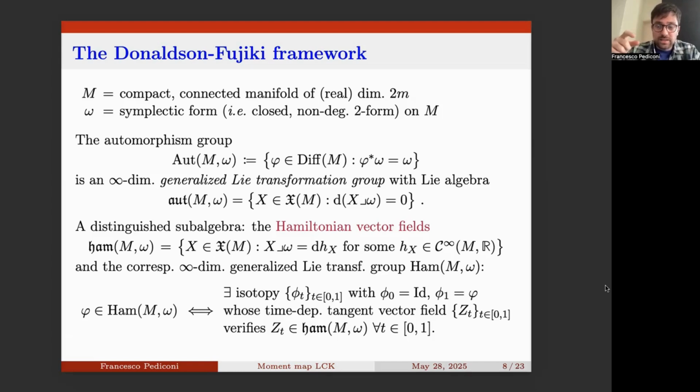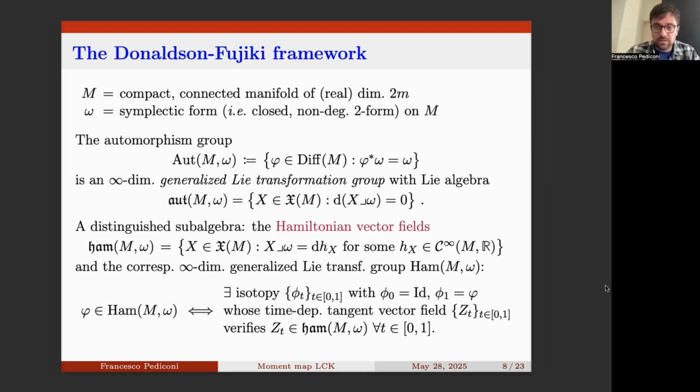Actually, this Lie algebra gives rise to another infinite dimensional generalized Lie transformation group, which is called the group of Hamiltonian diffeomorphisms, which is defined as follows. You say that a diffeomorphism of the manifold is Hamiltonian if and only if you can find an isotopy between the identity of the manifold and this diffeomorphism, such that the corresponding time-dependent tangent vector field of this isotopy is Hamiltonian for any time.